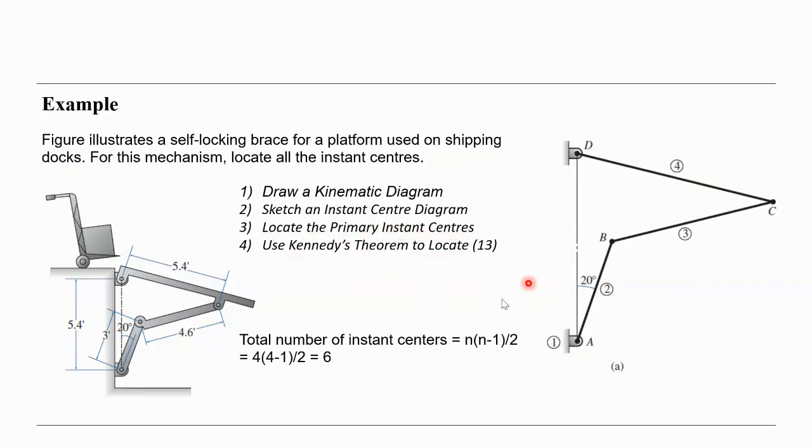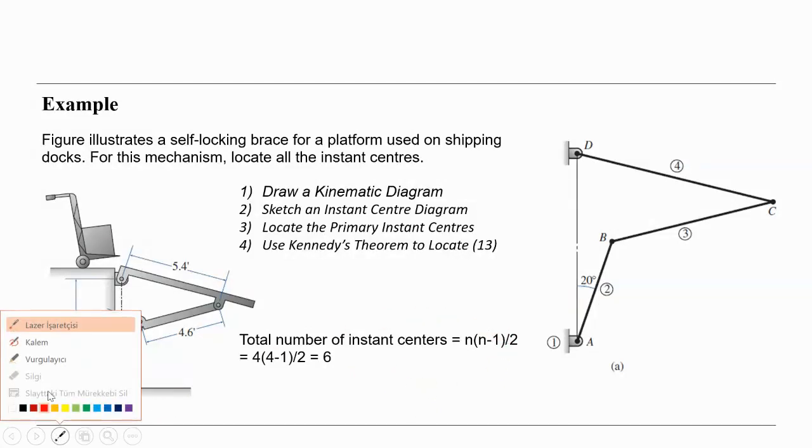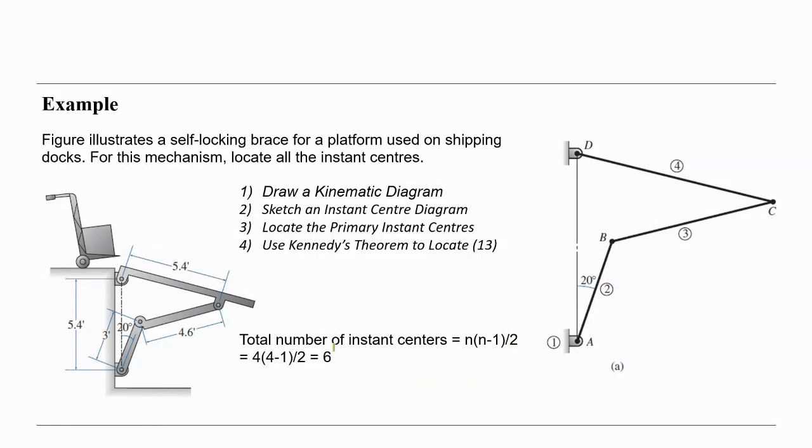Use Kennedy's theorem to locate the rest. The total number of instance centers is 6 using this formula.